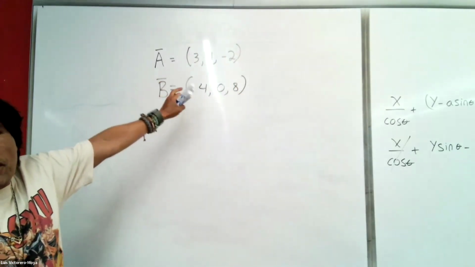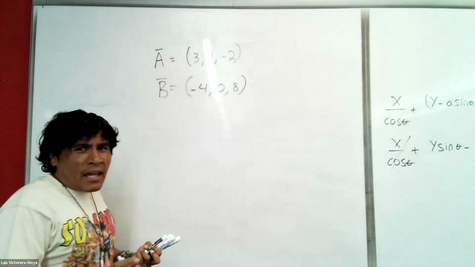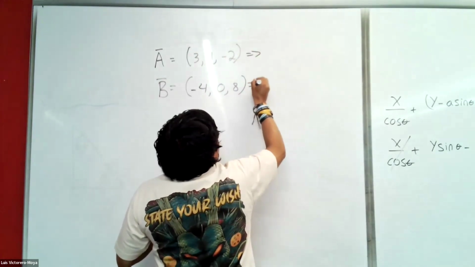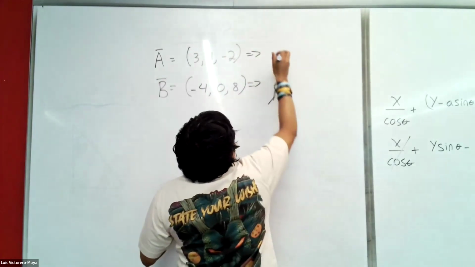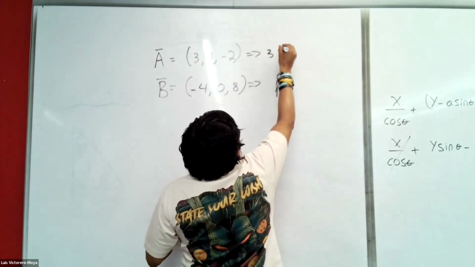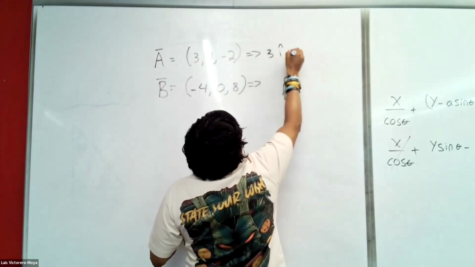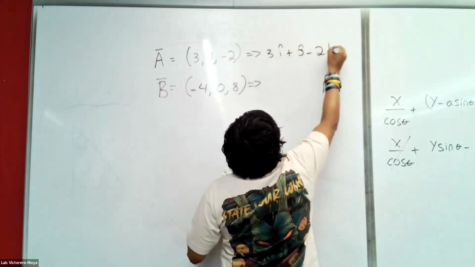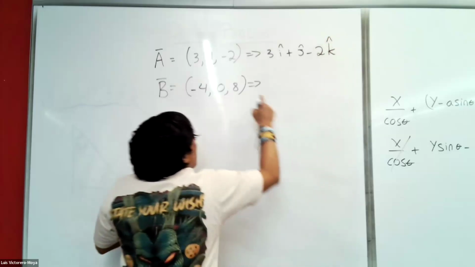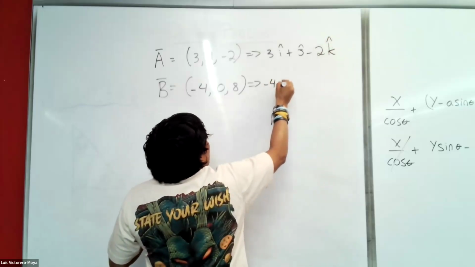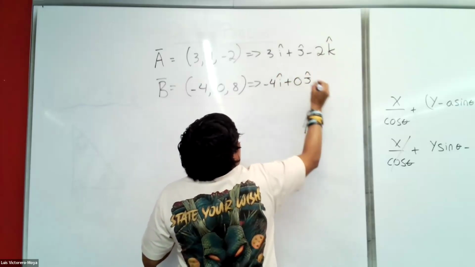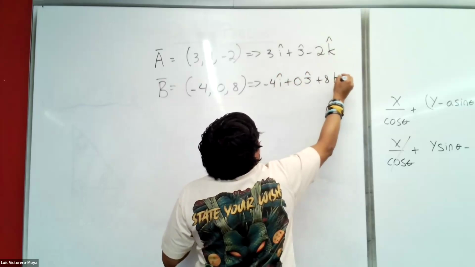So the first step will be to write those vectors in i, j, k. I will write them like 3i plus j minus 2k, and this one will be minus 4i plus 0j plus 8k.